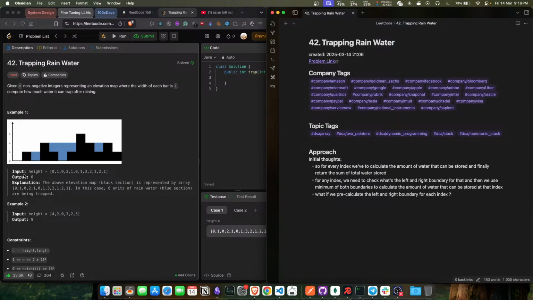For this, it is this. Right, but it will flow from here, this side, so we can't store anything at the 0th index. Right, then we go here.